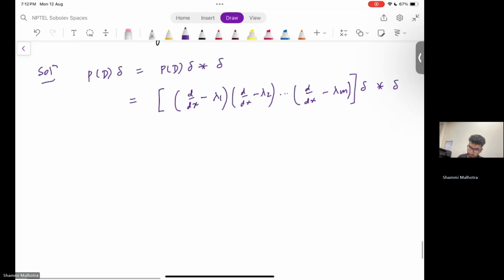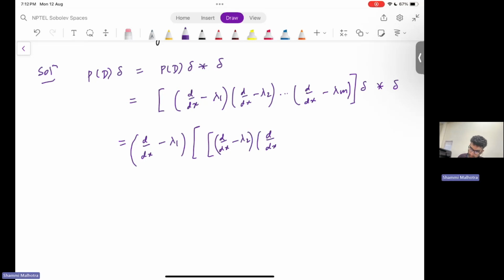So this can be written as (d/dx - λ_1) operator applied on (d/dx - λ_2)(d/dx - λ_3) up to (d/dx - λ_m) δ convolved with δ.